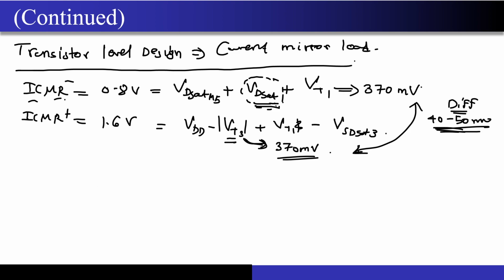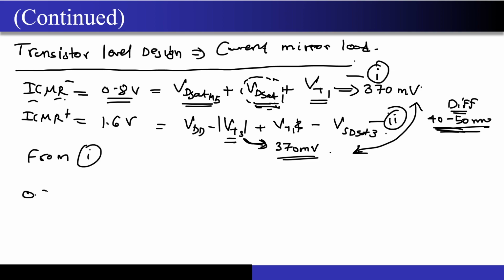Okay, so if I know the VD sat, if I know the VT1, and if I know this is 0.8, I can easily calculate the VD sat of M5, correct? Let me highlight this as equation number 1 and this as equation number 2. So from 1, 0.8 is equal to VD sat of M5 plus VD sat of M1, which was 79.61 millivolt, plus 370 millivolts.